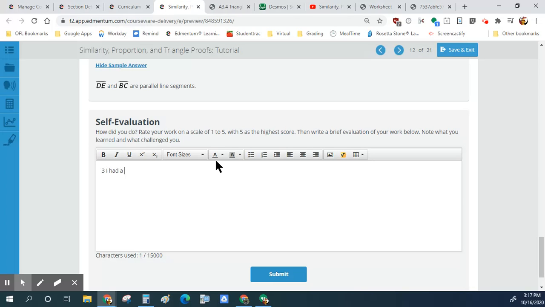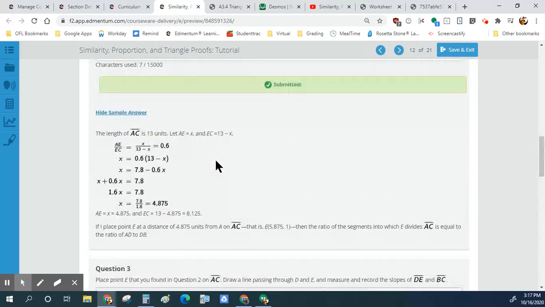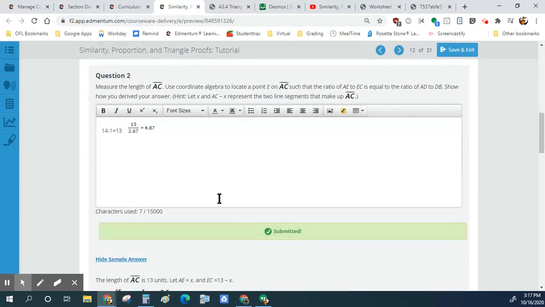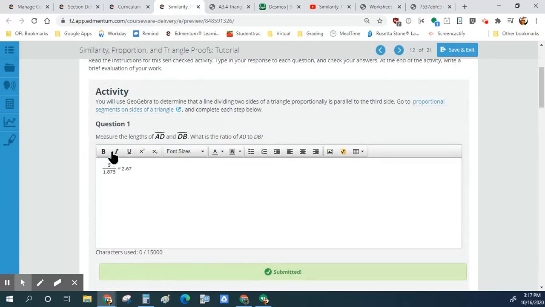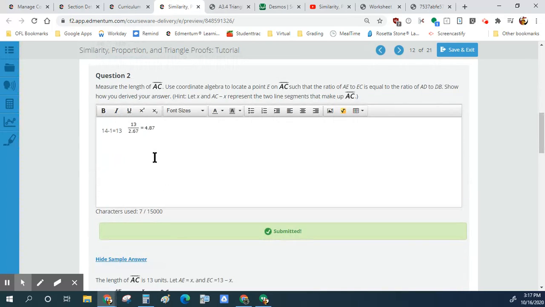I had a hard time understanding how to use the ratio. And that's true. I didn't do it the way they wanted me to do it. They wanted me to do it some weird way. If you look here, they're doing it like this.